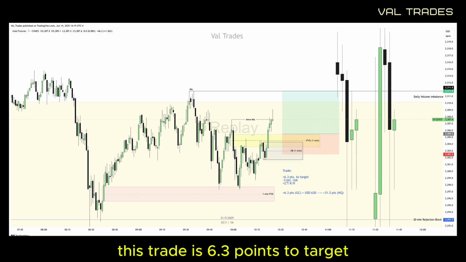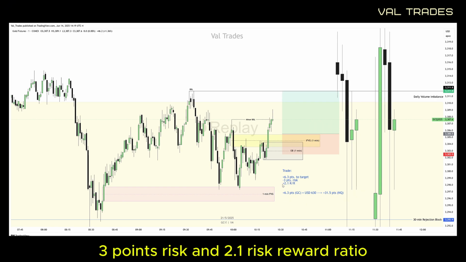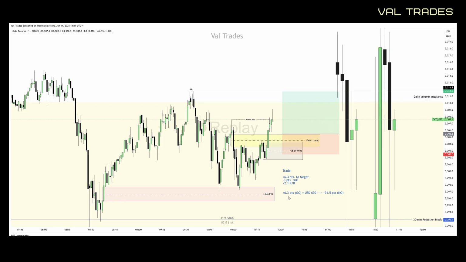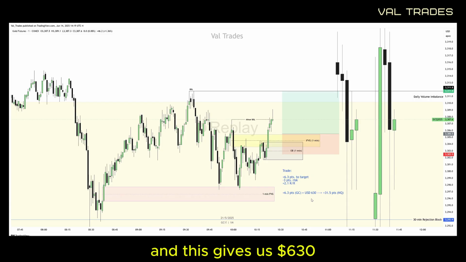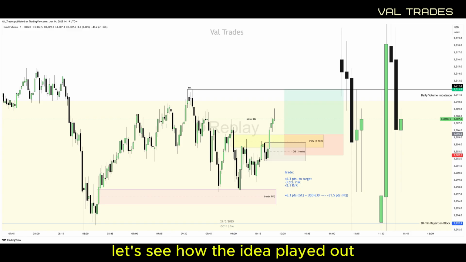This trade is 6.3 points to target, 3 points risk, and 2.1 risk-reward ratio. For reference, 6.3 points in mini gold equals 31.5 points in mini Nasdaq, and this gives us $630. Let's see how the idea played out.